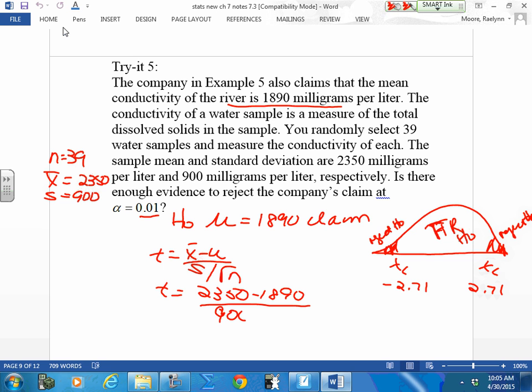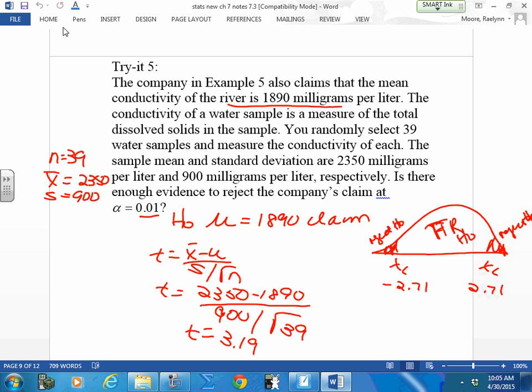Even though it looks like it's far apart, look at how high your standard deviation is. What did you get for your t? 3.19. That's pretty extreme in itself, isn't it? Didn't we say plus or minus 3 is very unusual?